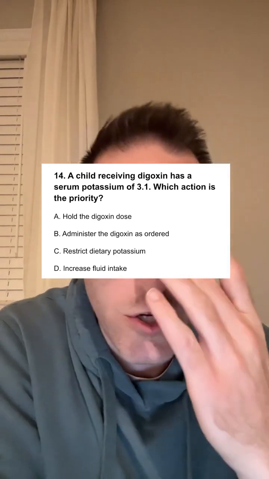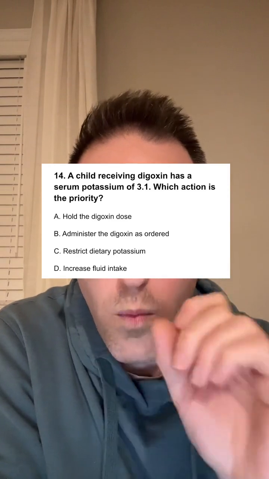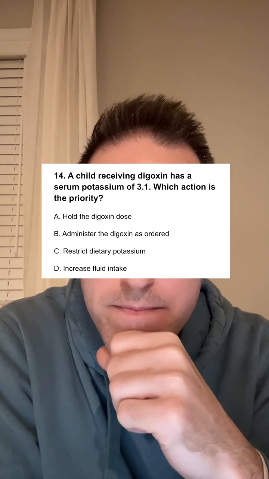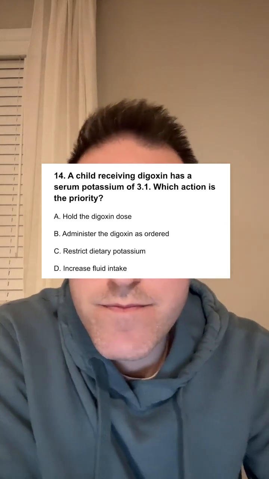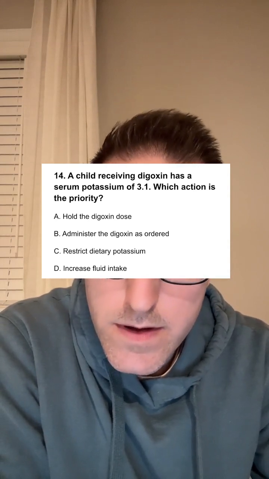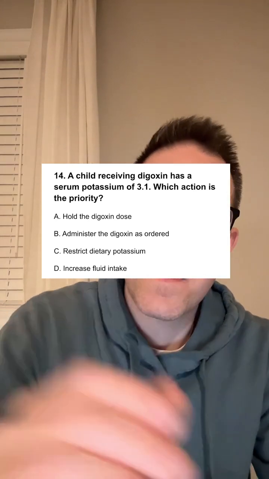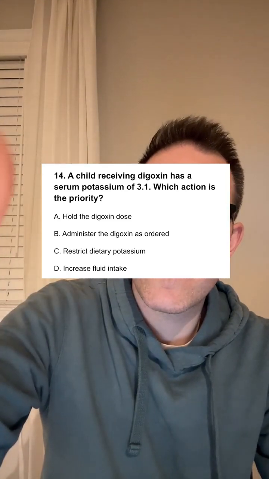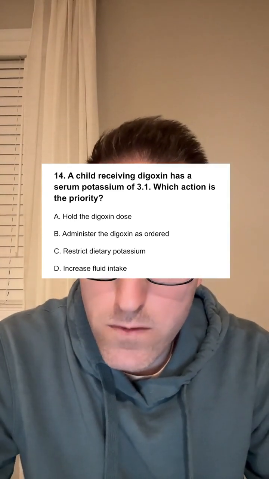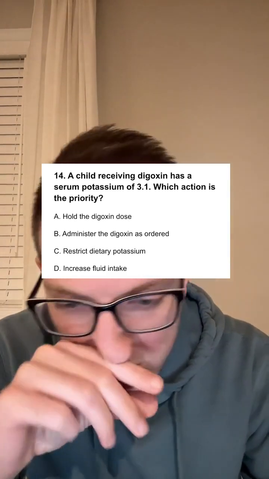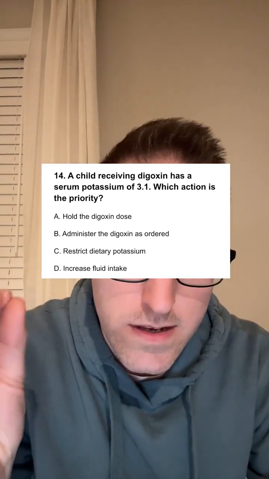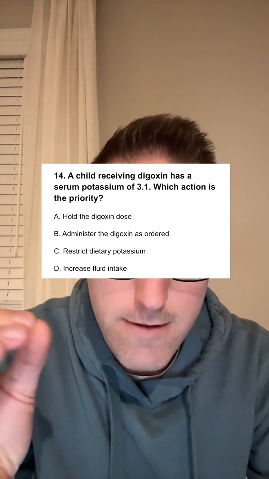All right. A child receiving digoxin has a serum potassium of 3.1. Which action is the priority? Okay, yep, overwhelmingly here, it's going to be A, hold the digoxin dose, because the hypokalemia increases the digoxin toxicity risk.